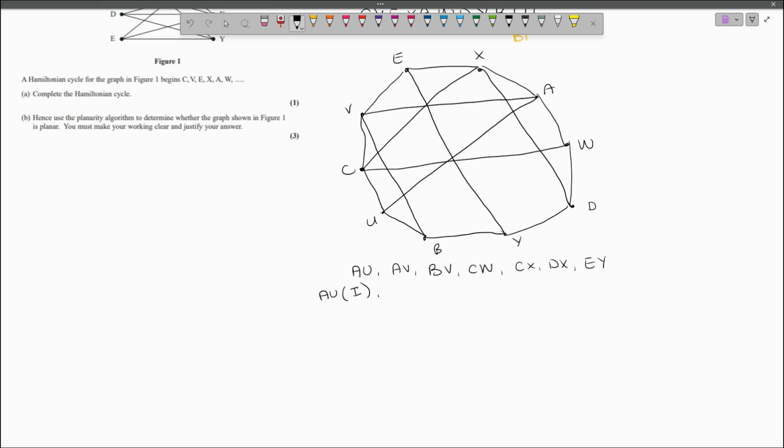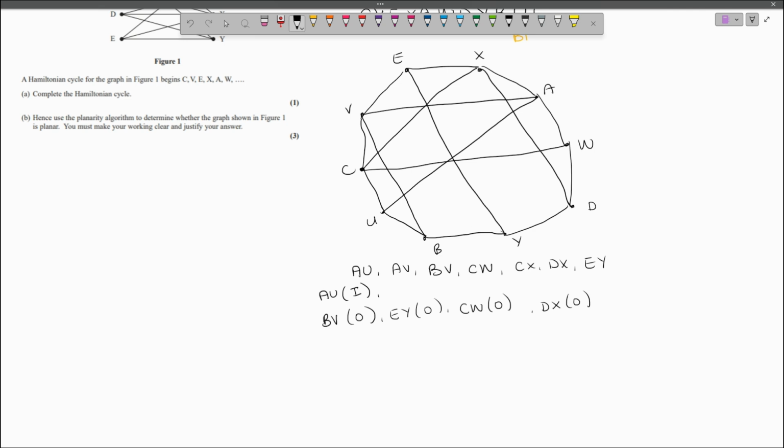So those edges are BV, which I'm going to label with an O, EY, which I'm going to label with an O, CW, which I'm going to label with an O, and DX, which I'm going to label with an O. So I've gone down my edge AU and I've observed each edge that crosses over it, and there's 4.